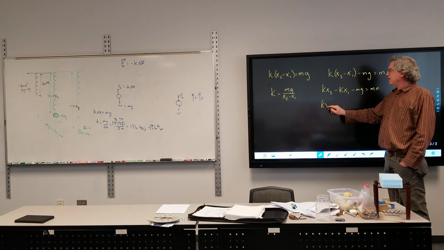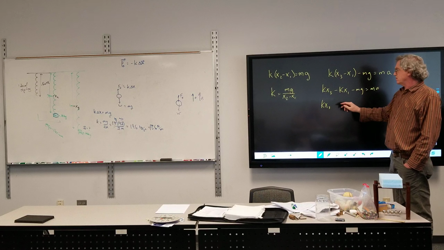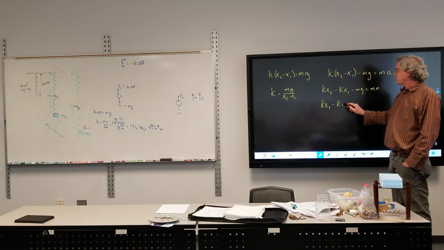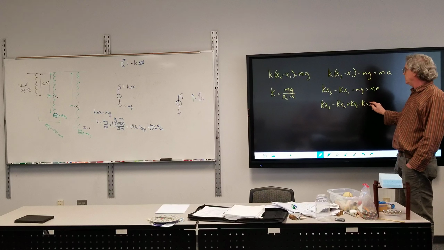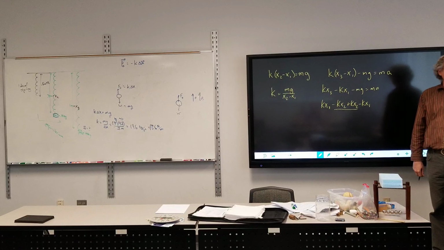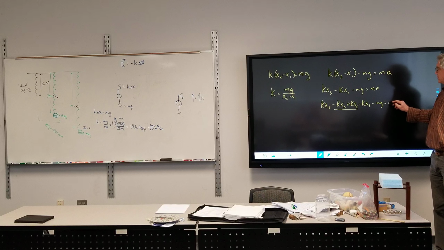Which, in the next step, might seem a little bit bizarre. Hopefully why I'm doing it will make sense in a moment. That's minus k x2 plus k x2 minus k x1. So all I did was subtract and add the same thing. Minus mg equals ma.